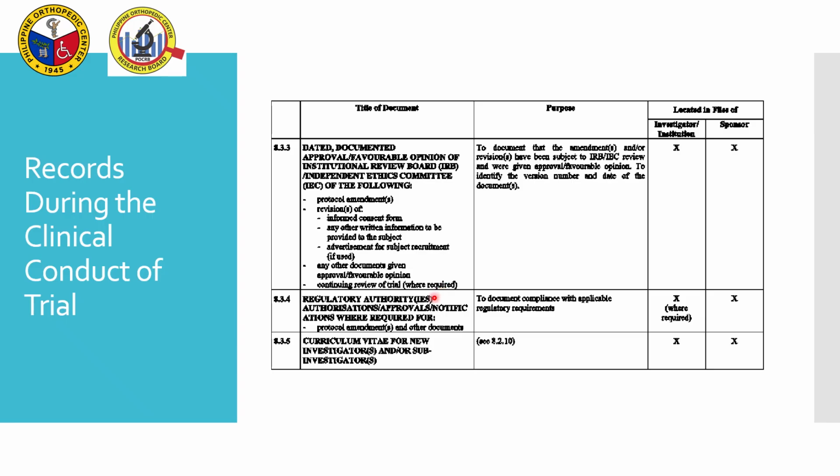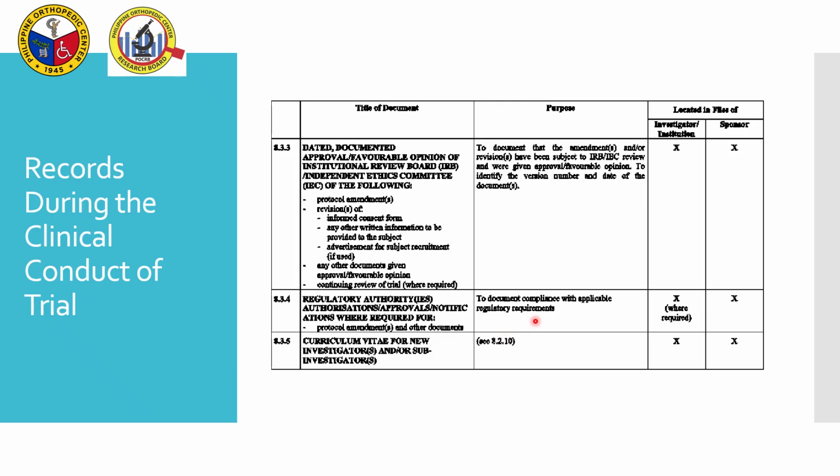Next, we address the regulatory authority authorizations. This covers approvals or notifications required by national or local regulatory bodies, for instance, the FDA, specifically regarding the protocol amendments and other required trial documents.